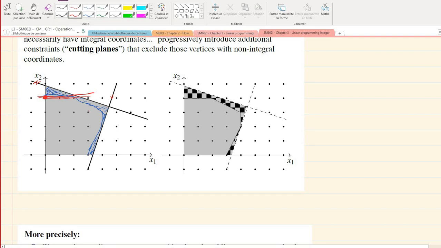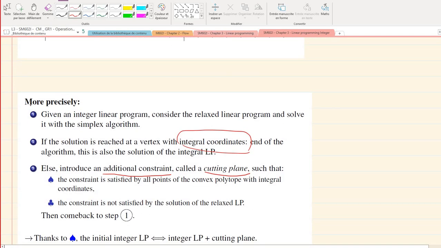So if I say the points I'm looking for are points that have their ordinate below this level, it's fine. All the integer points here have their ordinate below this level. So if I add this condition, all the points with integer coordinates can still satisfy this condition. So they are still considered as acceptable points in my problem. Okay? So this is the first condition for the cutting plane.